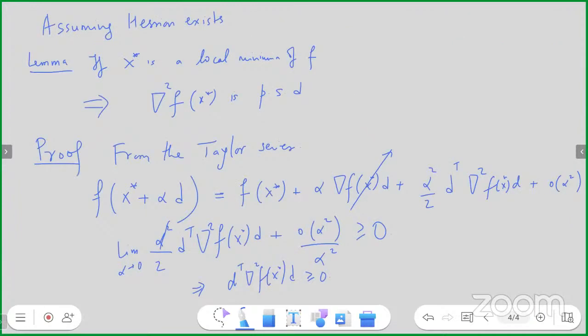If for some X star, the Hessian is PSD, then at that point we can claim that there is a local minimum. Okay. How? Do it on your own and show me later. We'll see if it's true.